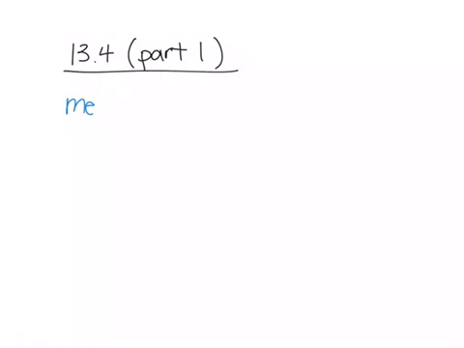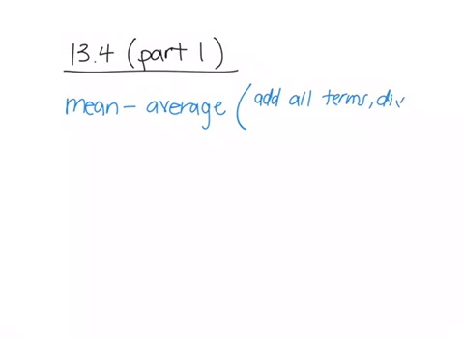So we are going to focus first on 4 vocab words, which you should have seen in your Algebra 1 video. The first one is mean. So mean means the same thing as average. And when you're finding the mean, what you're going to do is add up all the terms and then divide by the number of terms.